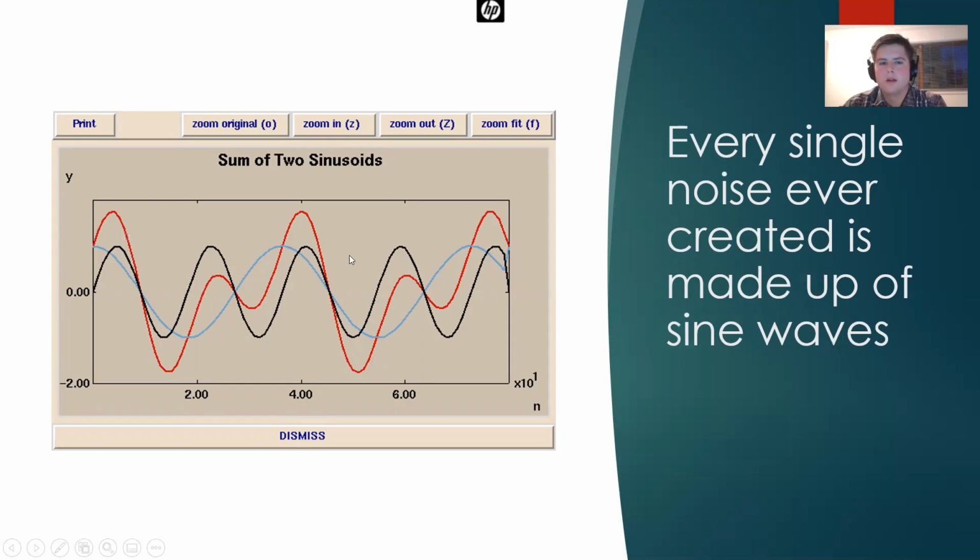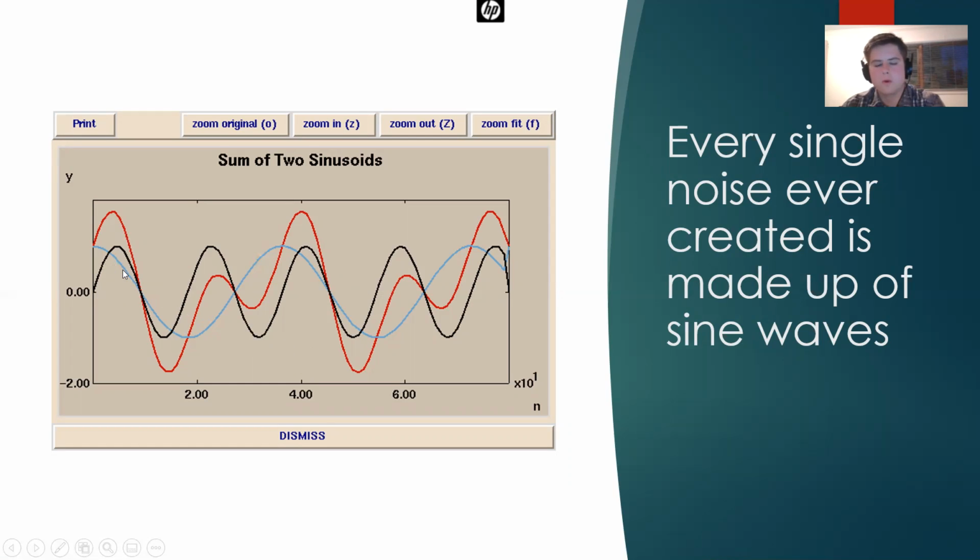So what I have here is a graph of 3 different signals. I have 2 sine waves of 2 different frequencies. Looking at the blue sine wave and the black sine wave, think about which of these has a higher frequency.